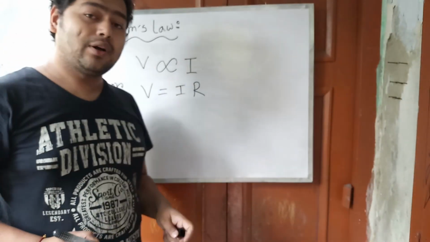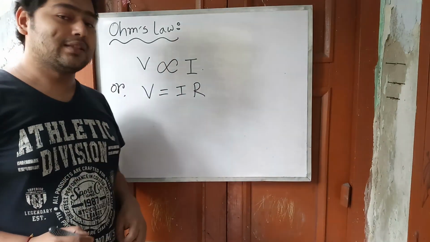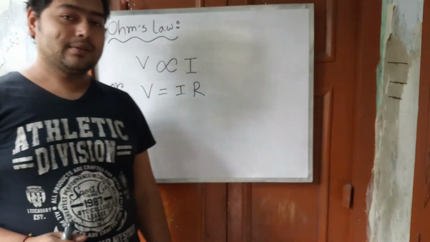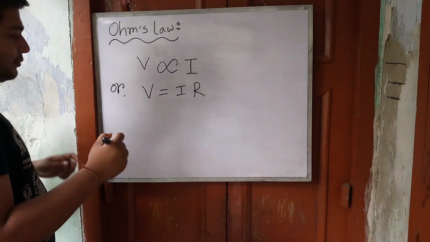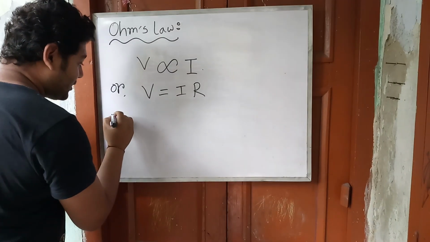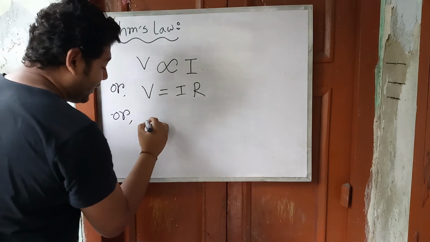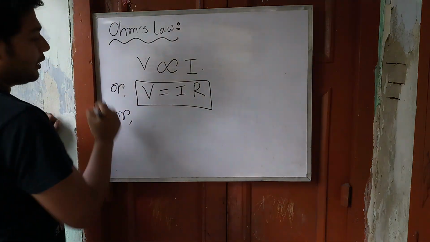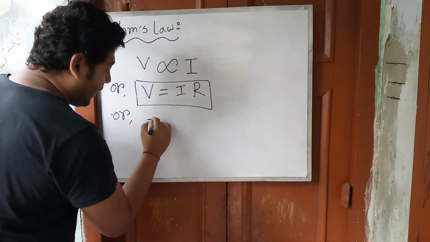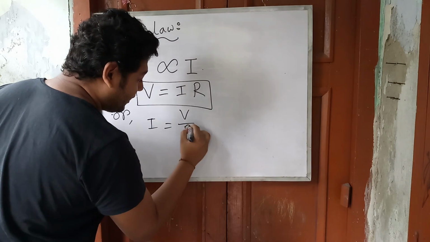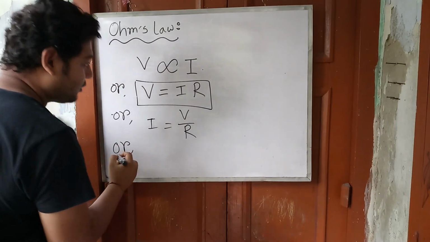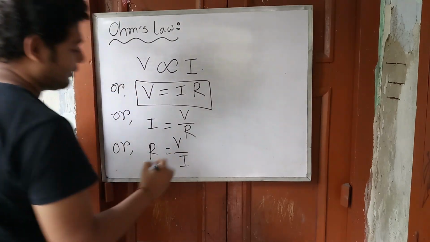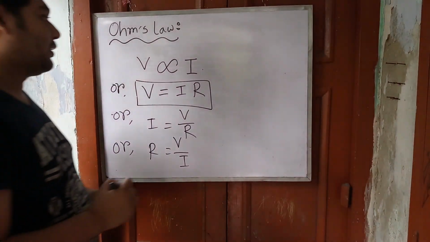The name of this constant is called resistance. From this formula we can write I equal to V by R, or also we can write R equal to V by I.